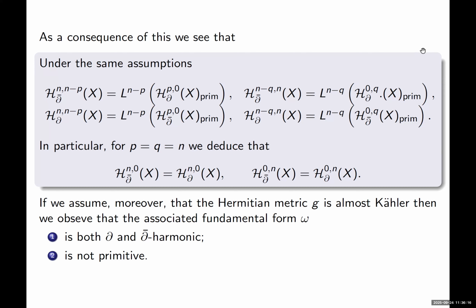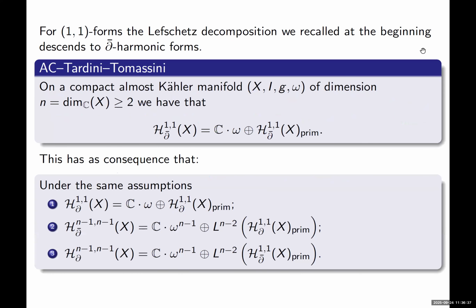What is great is that in the middle, so in degree (n,0) and (0,n), we also have the equality of the spaces of harmonic forms. So (n,0) forms are del harmonic if and only if they are del bar harmonic, and the same holds for (0,n) forms. Great.